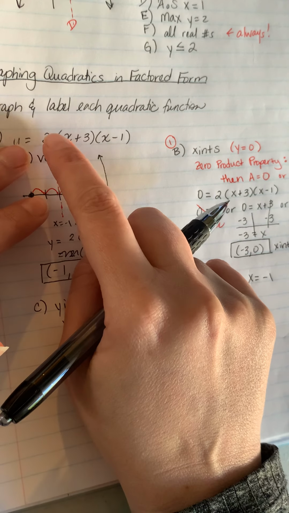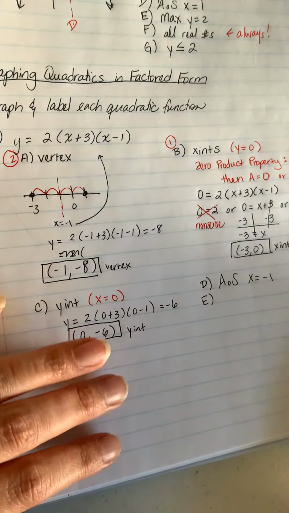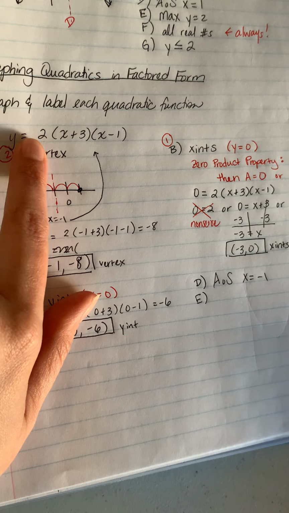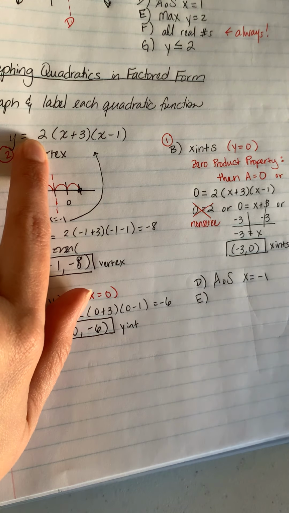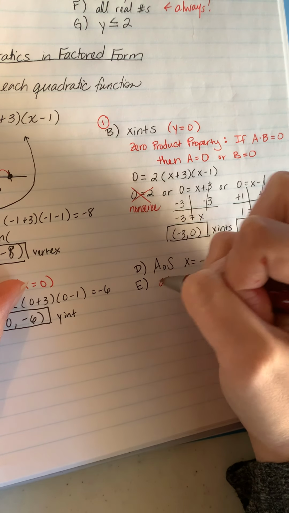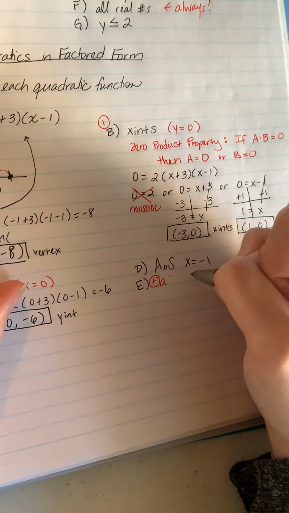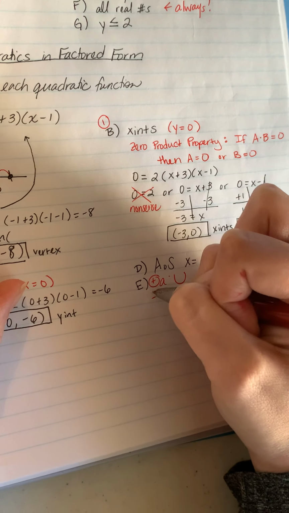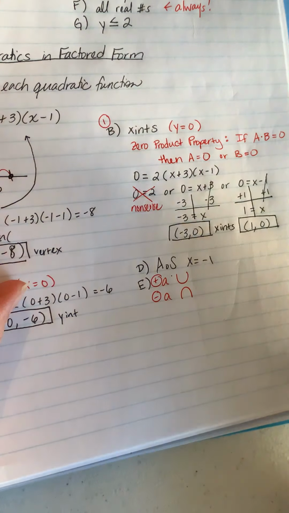Another way to think about it is the A value, the number in the front. If A is positive, we get this way, and a negative A, we get this way.